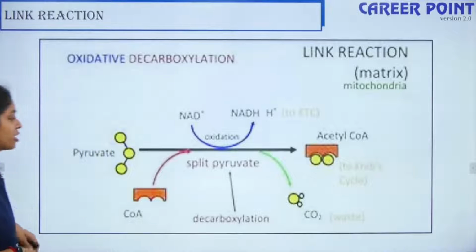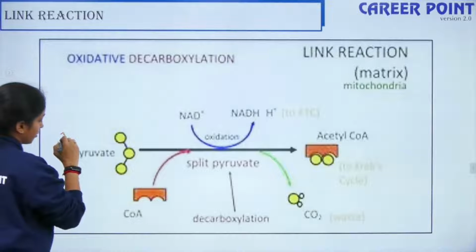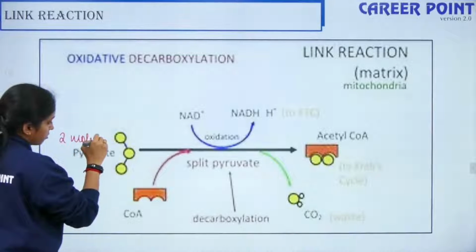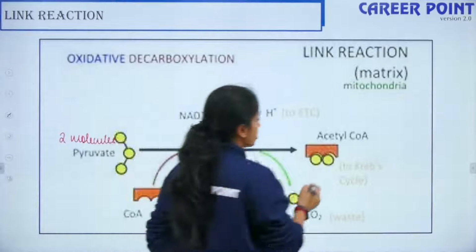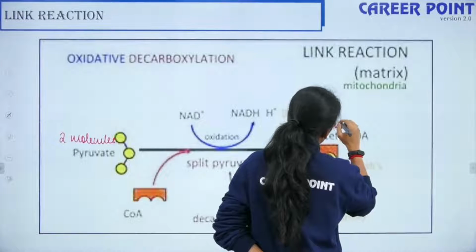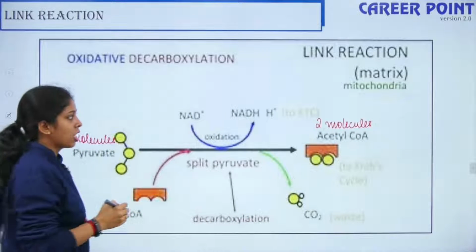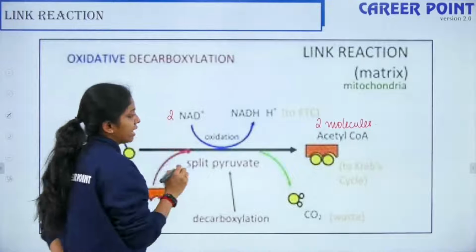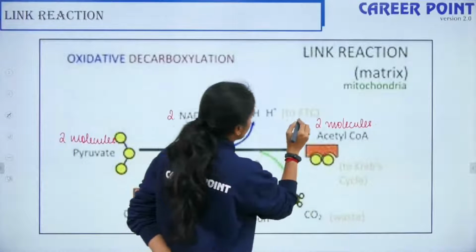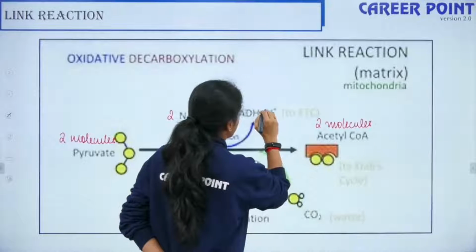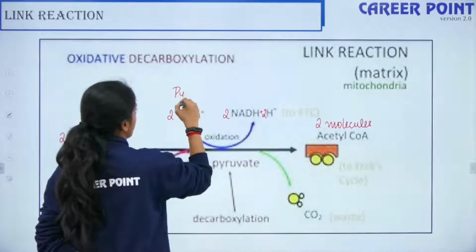But here you have to understand, you have 2 molecules of pyruvate at the end of glycolysis, so you have 2 molecules of acetyl-CoA. You have 2 molecules of NAD giving you 2 molecules of NADH plus 2 molecules of H+. And this is catalyzed by the enzyme pyruvate dehydrogenase.